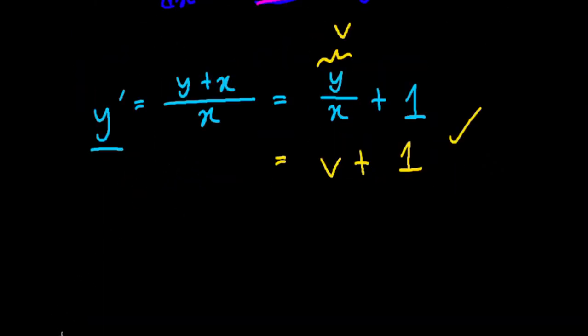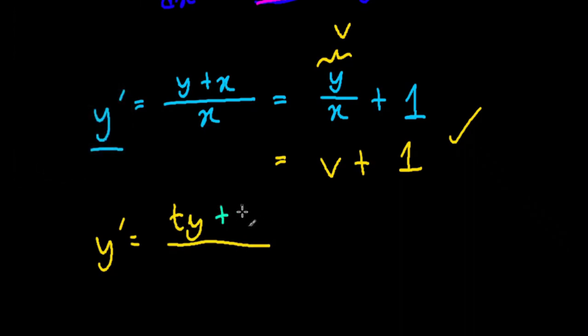But if you just want to do it rigorously, or if we're uncertain, we could actually use the substitutions. So suppose y prime equals y plus x divided by x. What I'm going to do is, everywhere I see a y, I'm going to put ty, and everywhere I see an x, I'm going to put a tx.